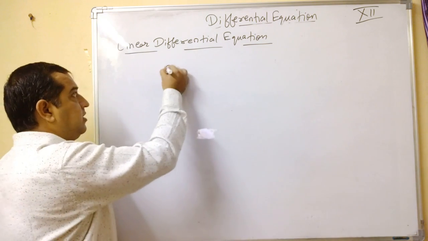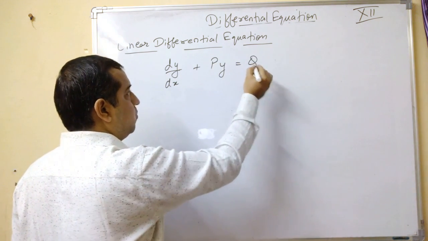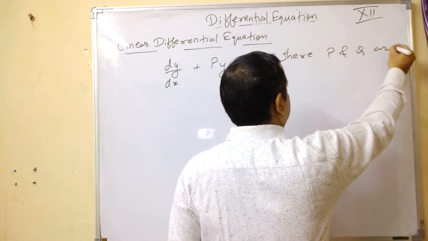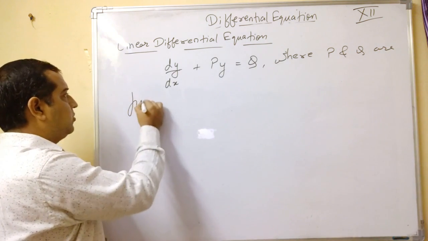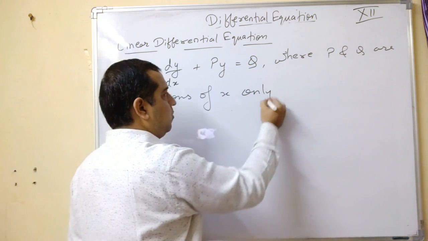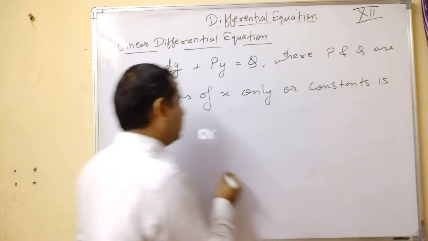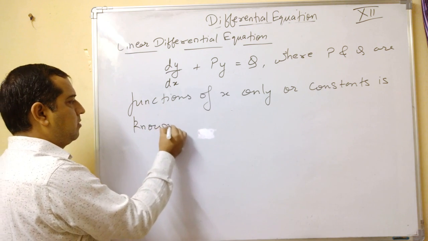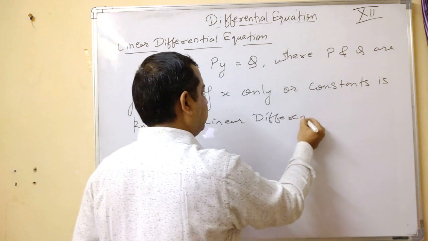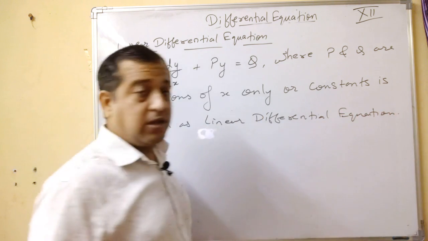Now a first order differential equation of the form dy by dx plus py is equal to q, where p and q are functions of x only, or constants, is known as linear differential equation.